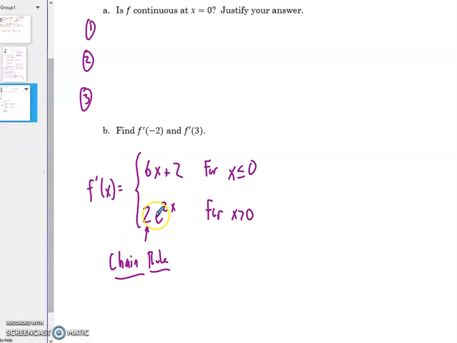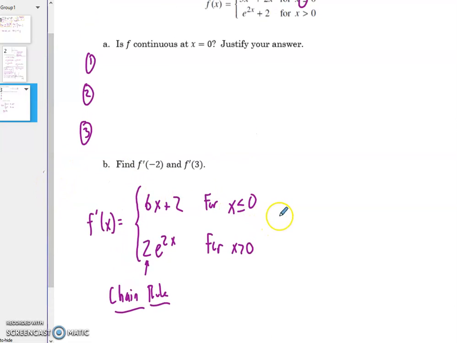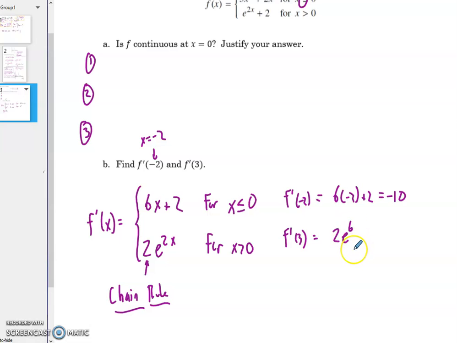If you don't know where that 2 came from, you can see the outside. Okay, and so now it says find the derivative when x equals -2. So that's less than 0, so I use this derivative. So 6 times -2 plus 2 makes -10. And f prime of 3, because 3 is greater than 0, uses this one, so 2e to the 6.